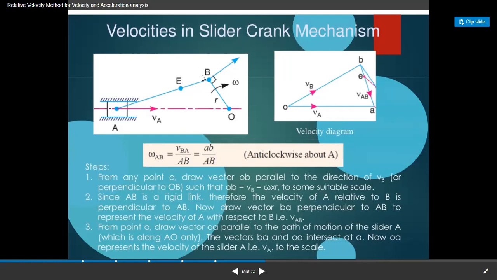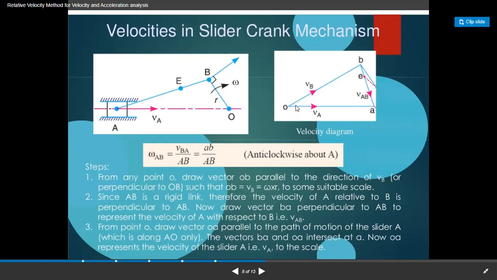So the relative velocity of point B with respect to A is also perpendicular to the link AB, in a downward direction, right? So draw a line from point B perpendicular to link AB in the downward direction and extend the line.